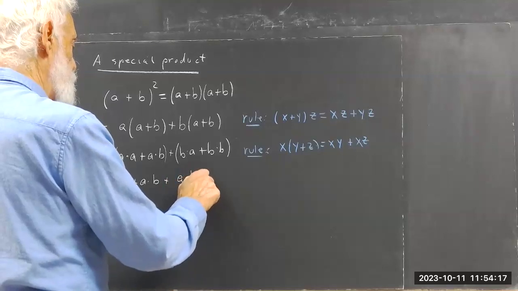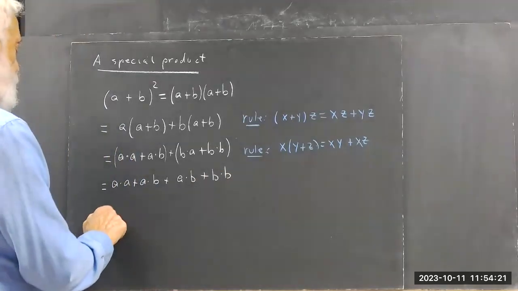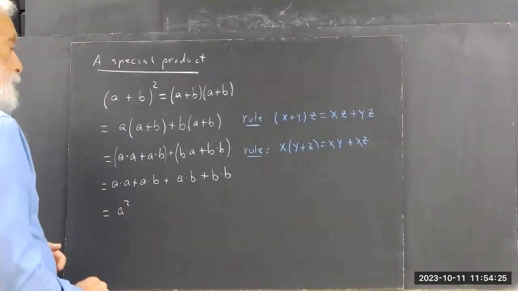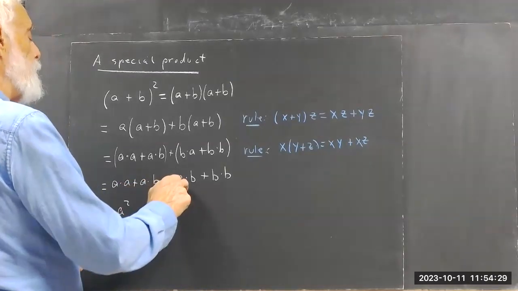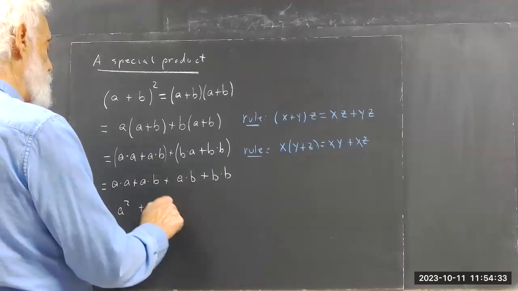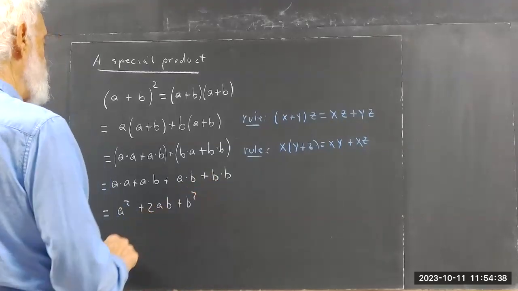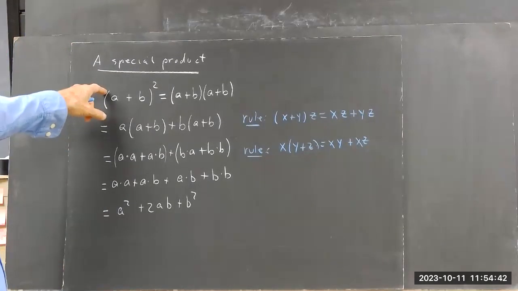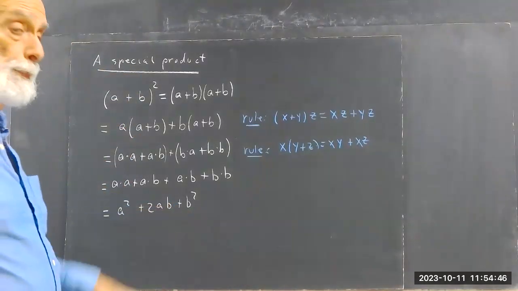That'd be another a times b and b times b. Now, of course, a times a is a squared. A times b plus a times b is 2 a times b, and b times b is b squared. So a plus b quantity squared is a squared plus 2ab plus b squared.